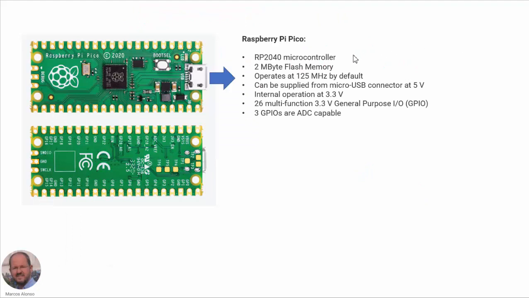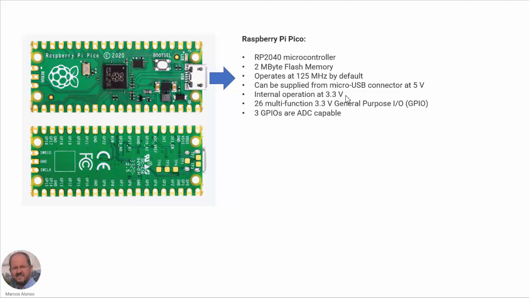Here are the main features of the Raspberry Pi Pico microcontroller board. It is based on an RP2040 microcontroller. It incorporates 2 MB of flash memory for the user programs and data. It operates at 125 MHz by default. It can be supplied from the micro USB connector at 5 volts.